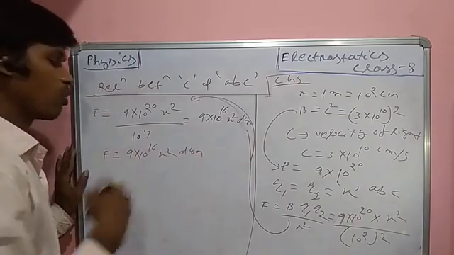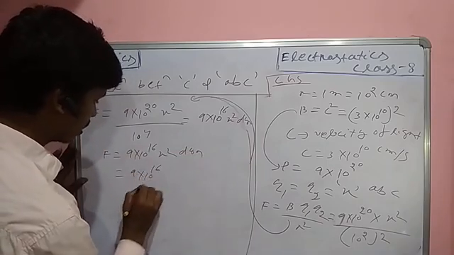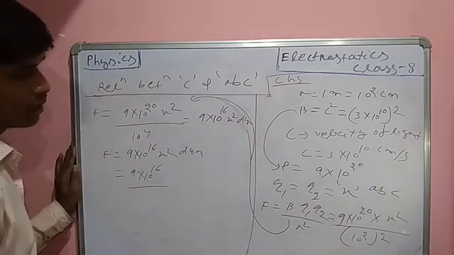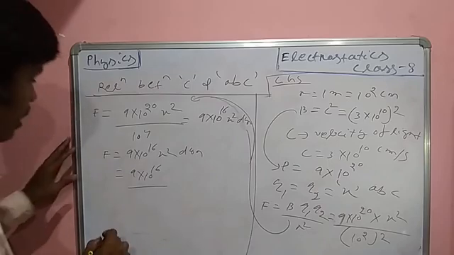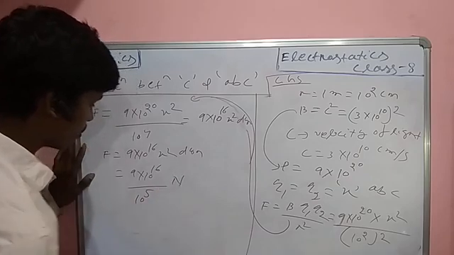But you have to convert it into Newton. So 9 into 10 to the power 16 whole divided by 10 to the power 5 Newton.